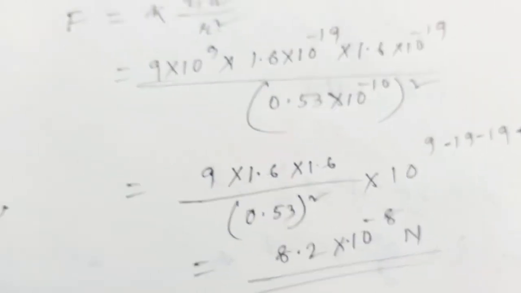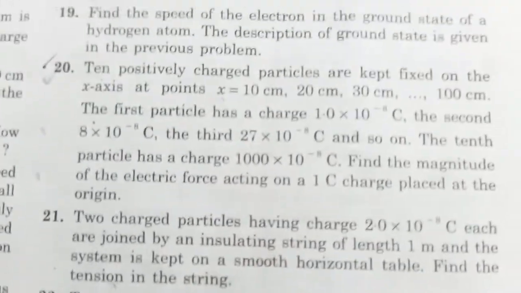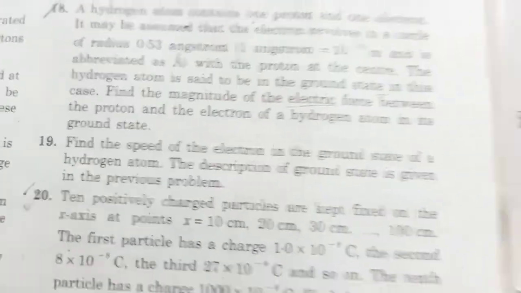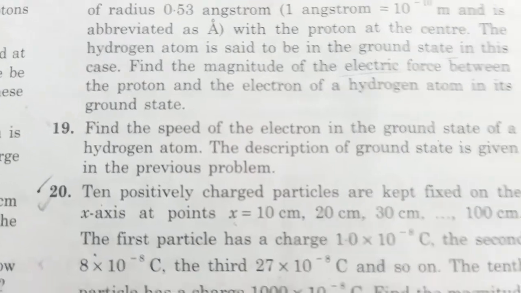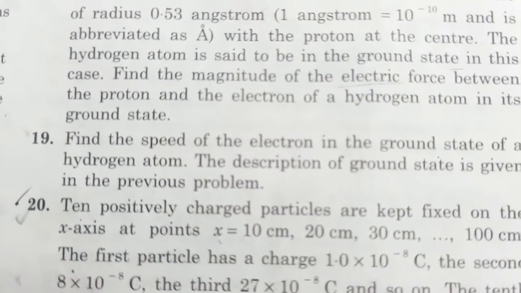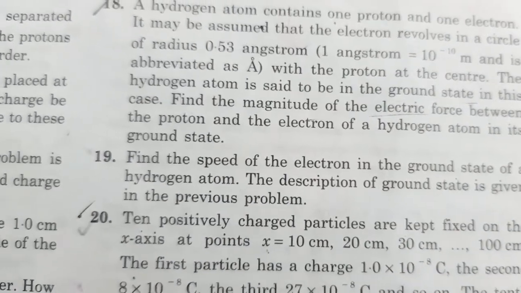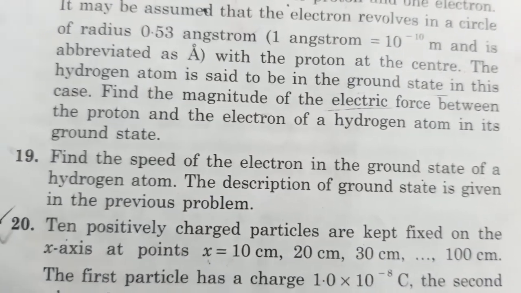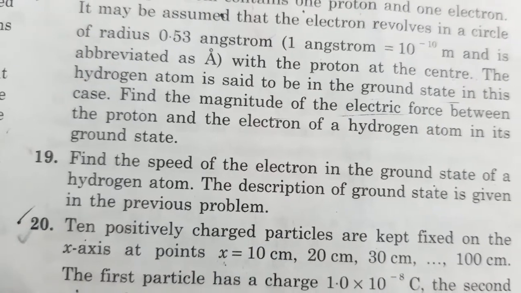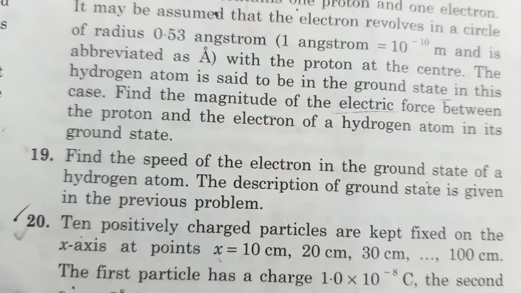And so look at the next numerical, that is question number 19. The question is, find the speed of the electron in the ground state of a hydrogen atom.